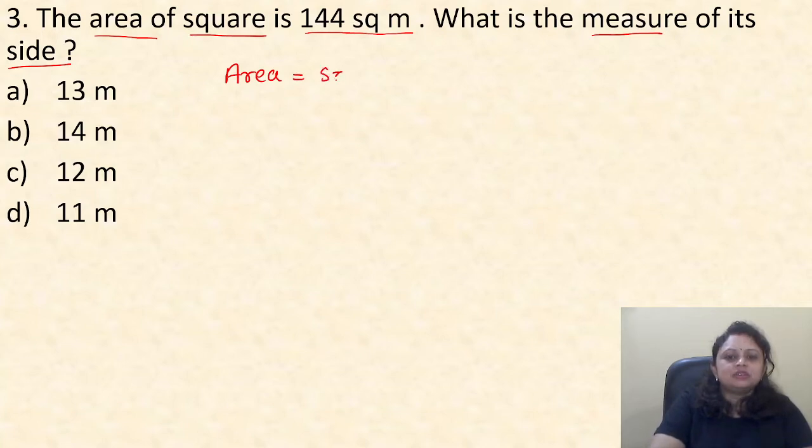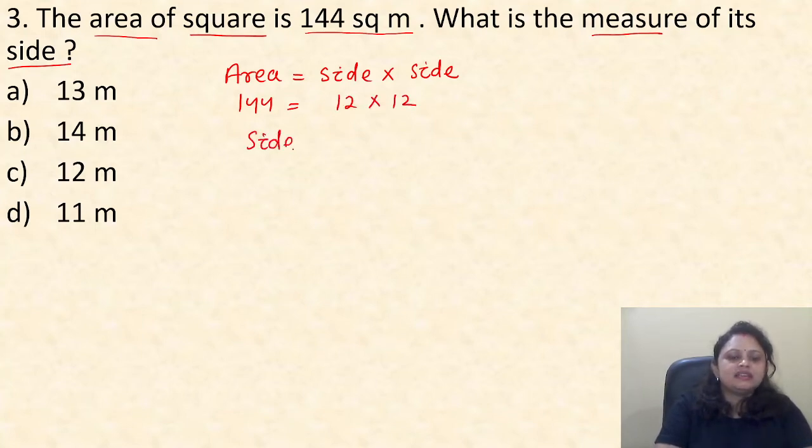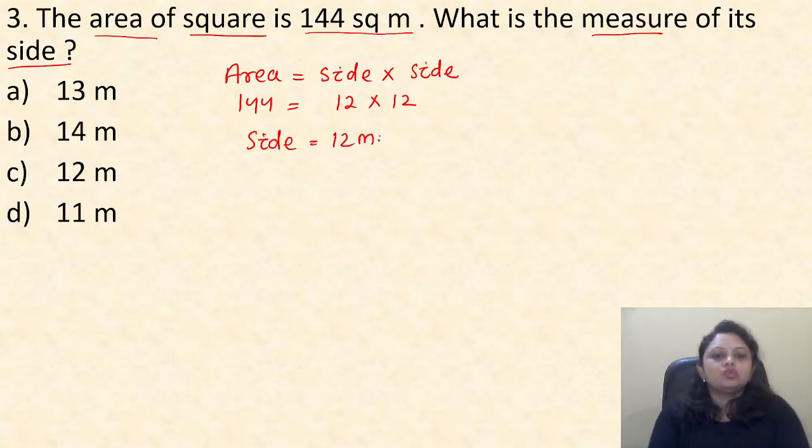That is side into side. Okay, and here area is given 144, so it will be 12 into 12, right? So the side is equal to 12 meter, right? So the correct answer is option C, that is 12 meter.